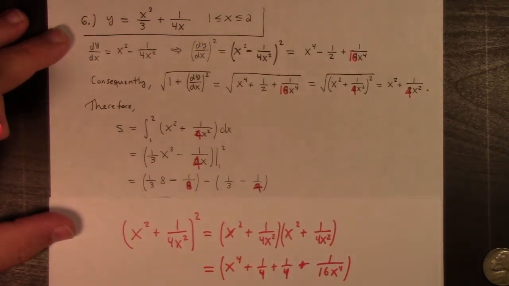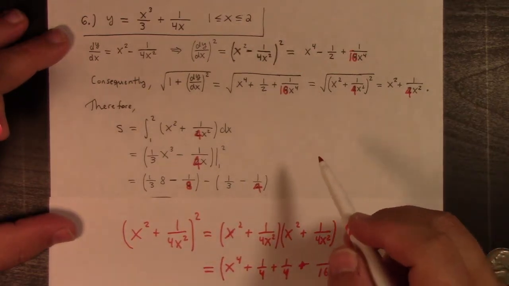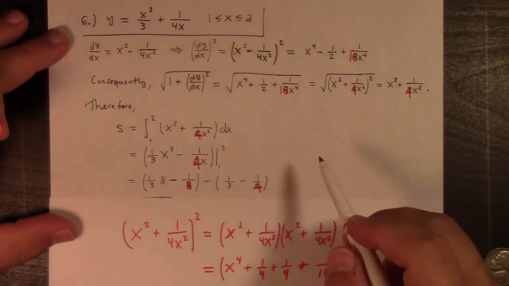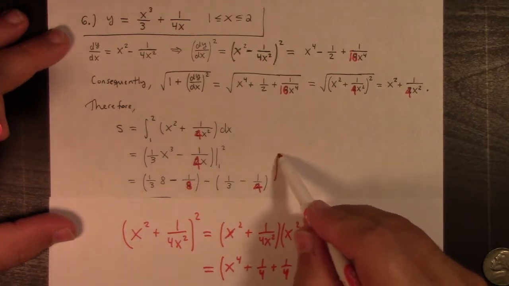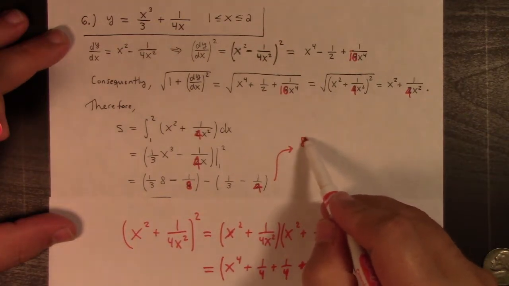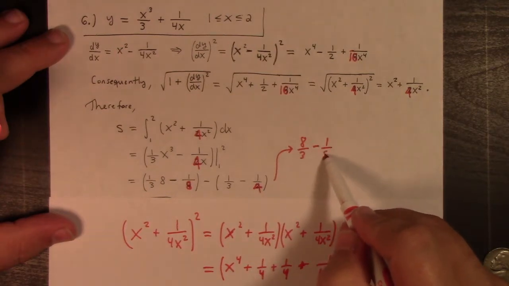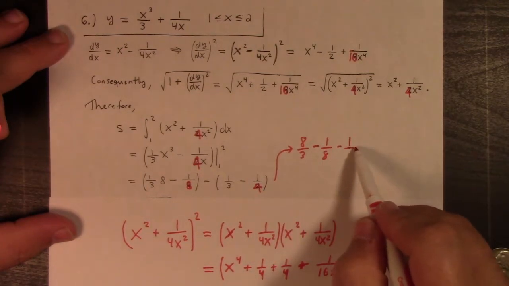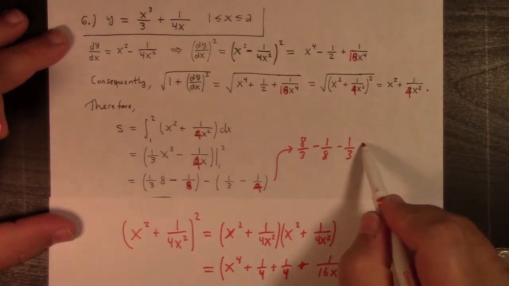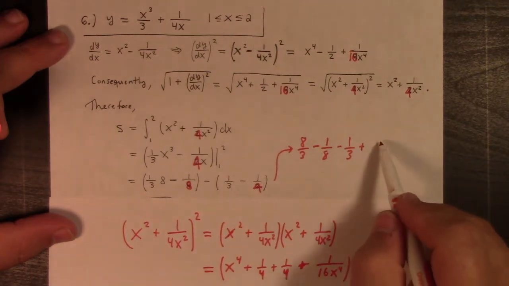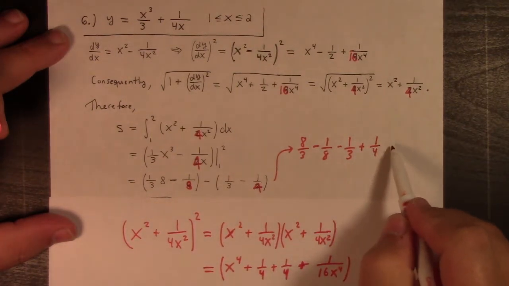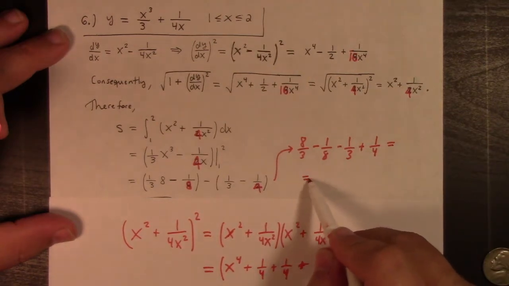All right. Let's see here. So we get 8/3 minus 1/8 minus 1/3 plus 1/4. If I've not made another silly error, hopefully not.